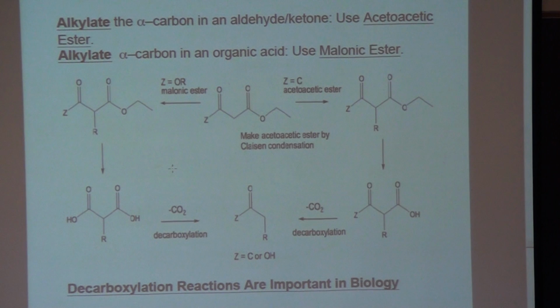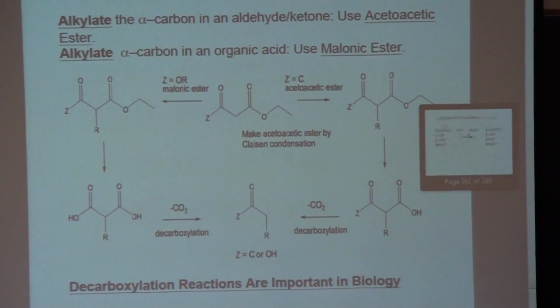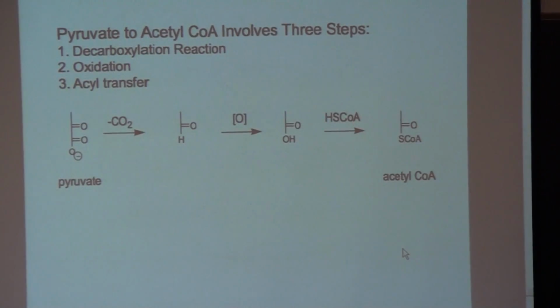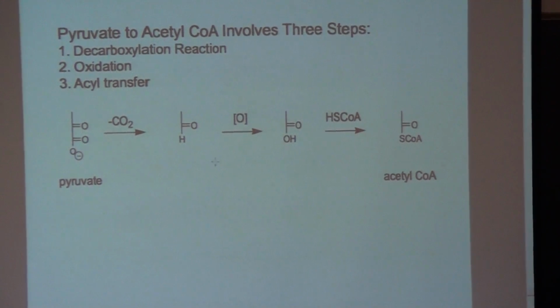Like I said, those are important in biology. If you continue on, we talked about glycolysis, but if you look at, for example, pyruvate to acetyl coenzyme A, there's a decarboxylation reaction there.